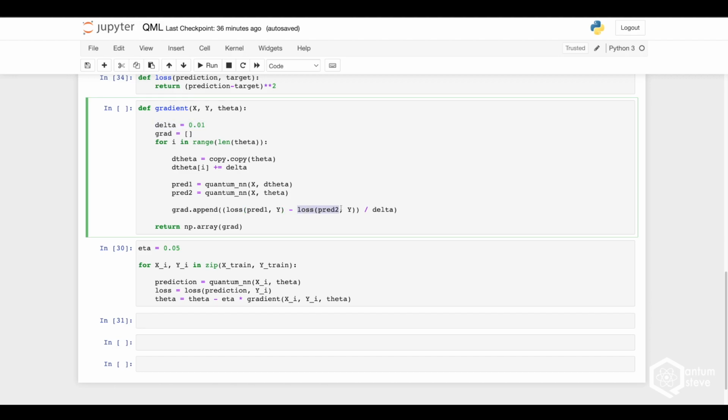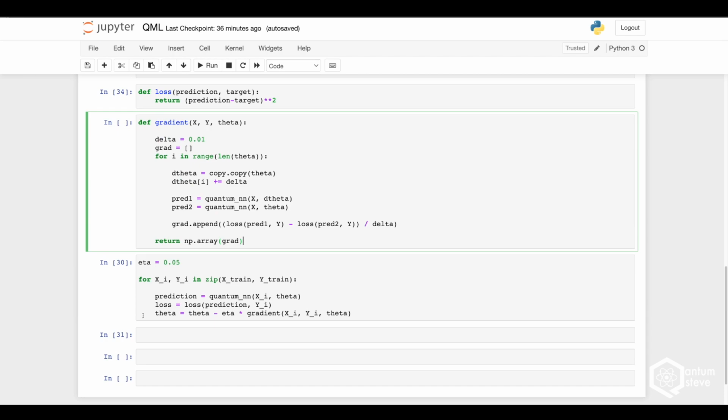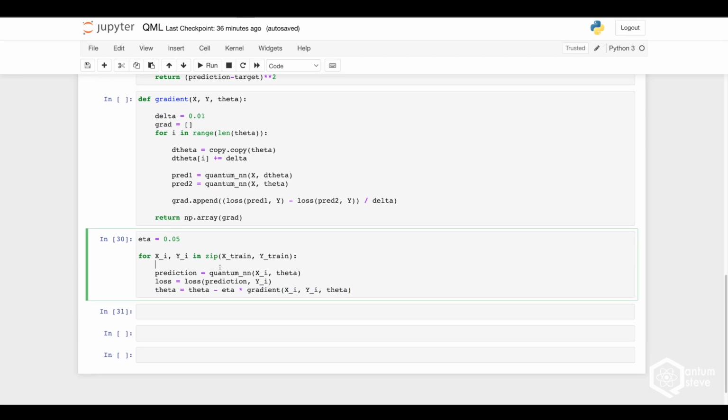Then you subtract the loss function evaluated at theta and you divide it by the small value here. And I'm doing this for every theta value here, which is why I'm looping over this. And then at the end, we return the gradient vector. And so this is all we need here. And so this then basically finishes up our gradient descent update rule.